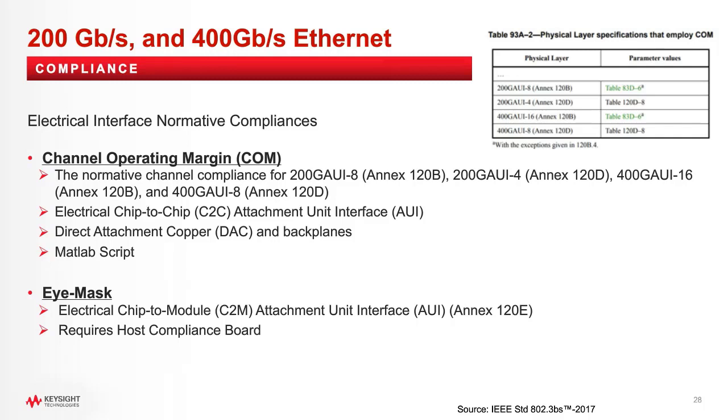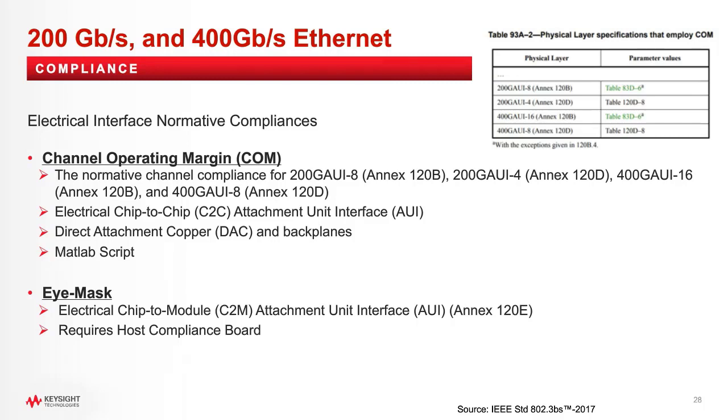COM is the normative channel compliance for 200GAUI-8, 200GAUI-4, 400GAUI-16, and 400GAUI-8. It is used for electrical C2C AUI, direct attach copper and backplanes.